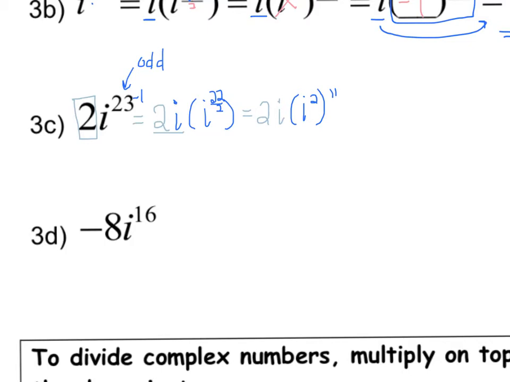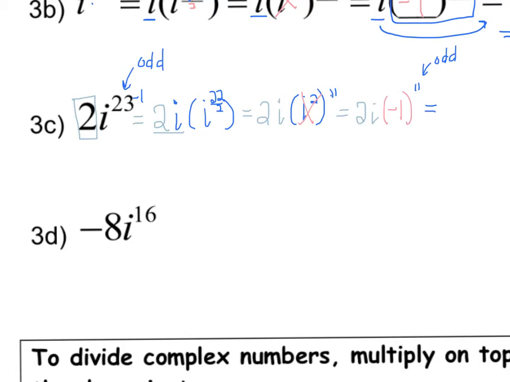So next we recopy the 2i out front. We cross out the i squared. That becomes -1. And now we have -1 to the 11th power. In this case, 11 is an odd number. So we're going to have an odd number of -1s, which means our final answer will come out negative.